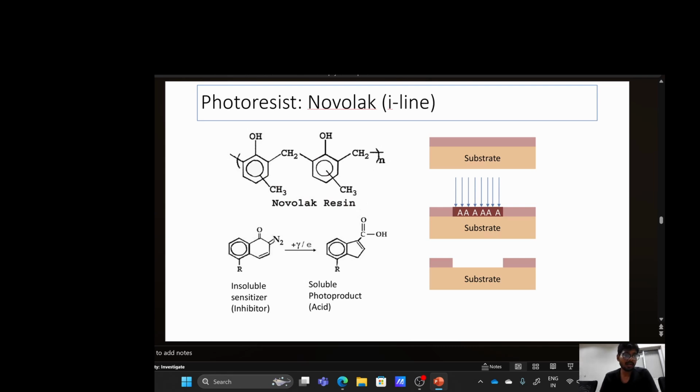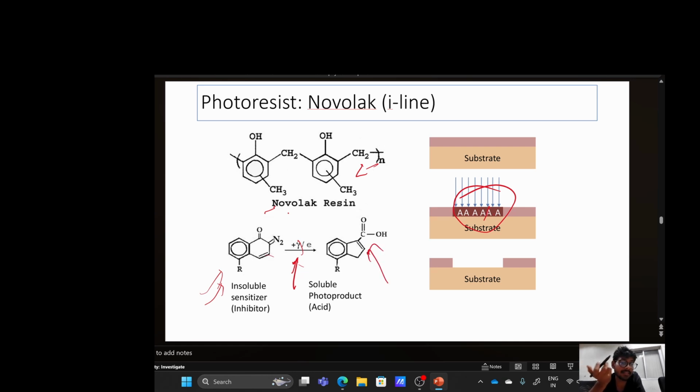And now let's come to the photoresist. What is happening inside the photoresist when the light falls? This is a novolac-like resin. Inside there is an insoluble sensitizer, which is insoluble in the developer solution, but as the light falls on it, it converts.